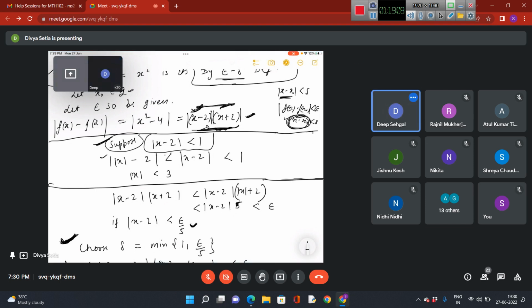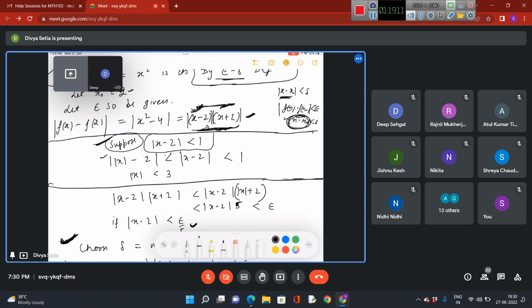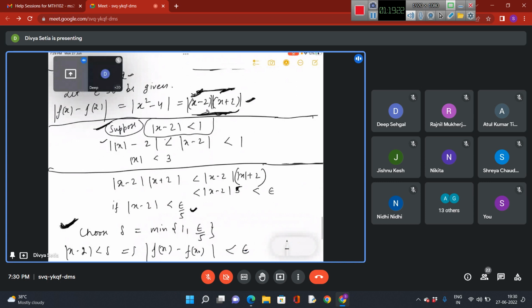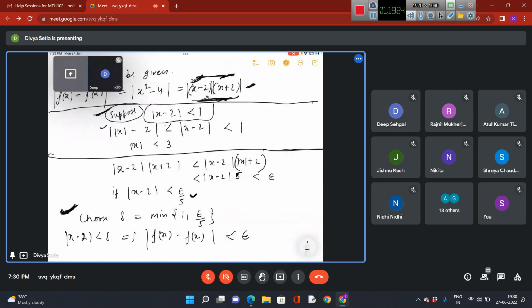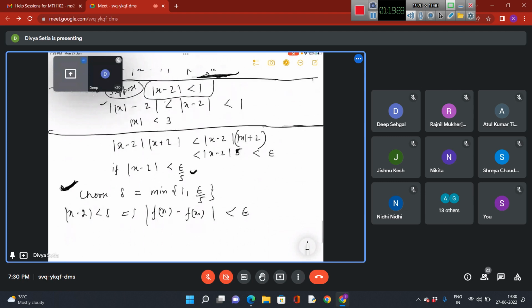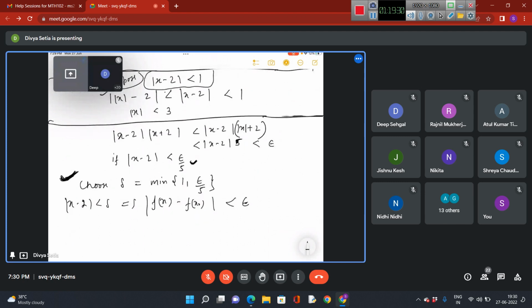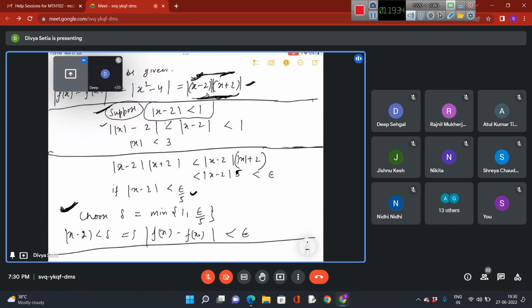You always choose to remove the extra part, not whatever you are required to prove the definition. This was the extra part, x plus 2 was the extra part.